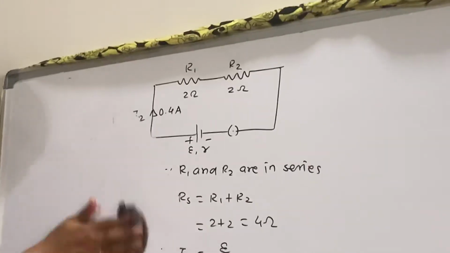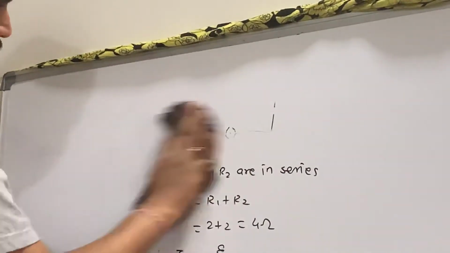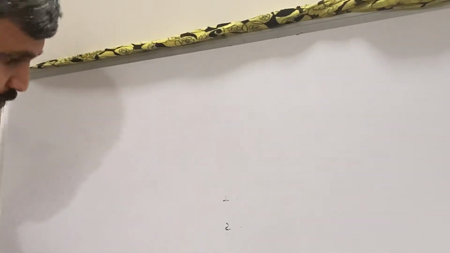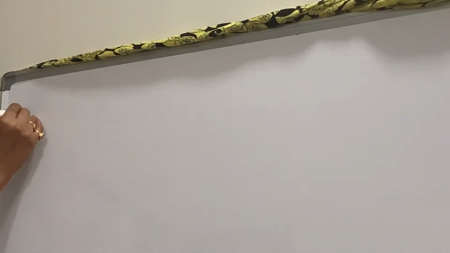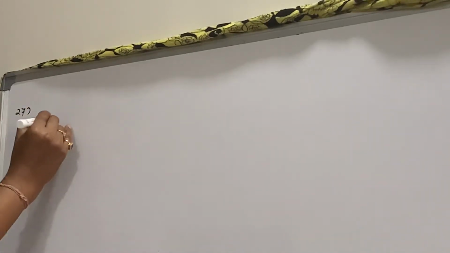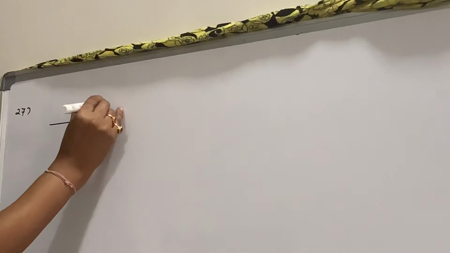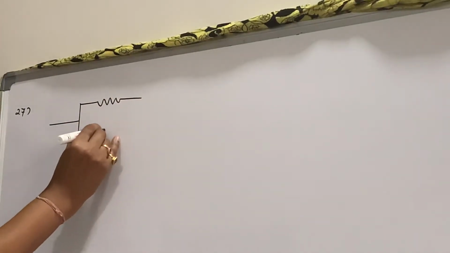Just check what is given in 27. In the 27th question, a battery of EMF 15 volt. Right, this is 27. I will draw the diagram. So these are two resistors.